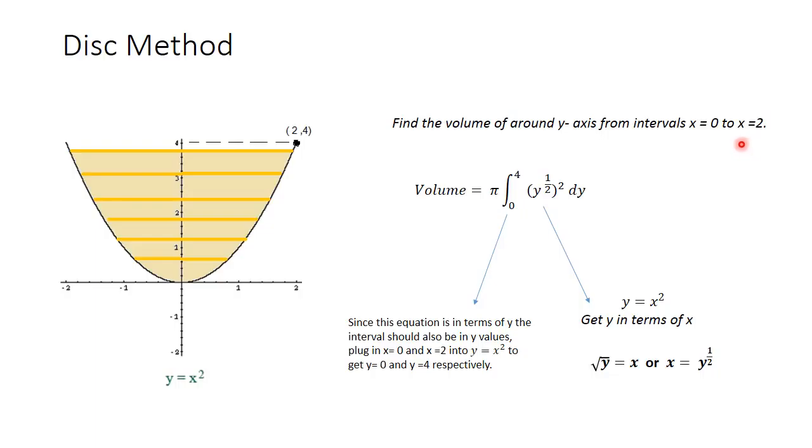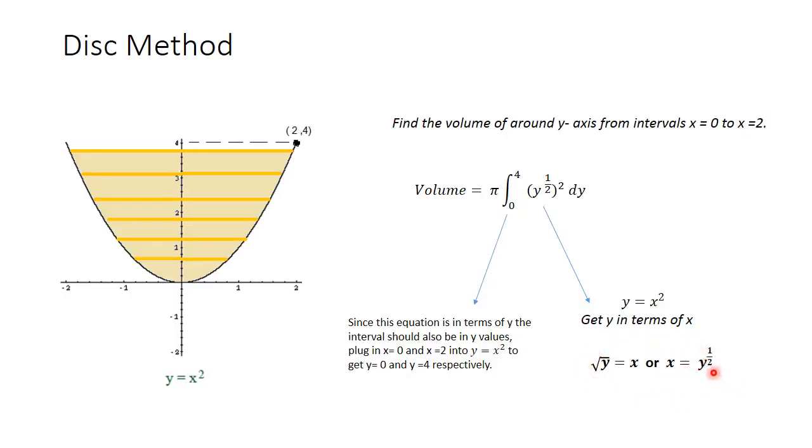Since it's asking you to find the volume around the y-axis, you should remember to rewrite y equals x squared to get x in terms of y instead, and just follow this format here, and you'll get y to the power of 1/2, which is also square root of y, and plug it into the equation right here. And don't forget the squared, which is part of the equation of the circle, pi r squared.